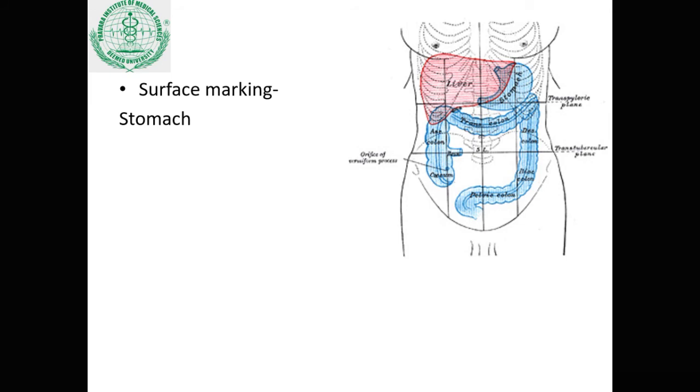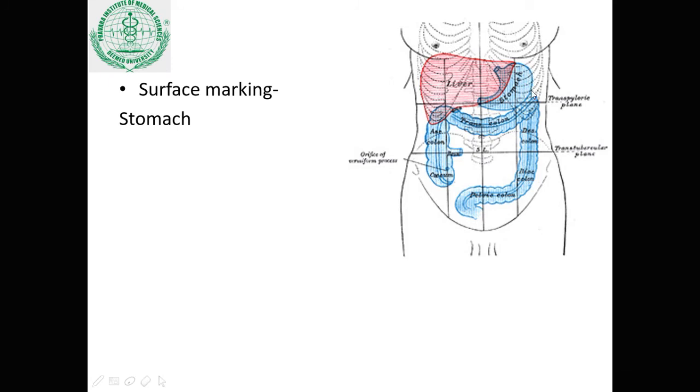The greater curvature of the stomach, put a point between the tip of the 9th and the 10th left costal cartilage. Now for this greater curvature, draw a curved line convex to the left of the fundus. So this is the fundus.